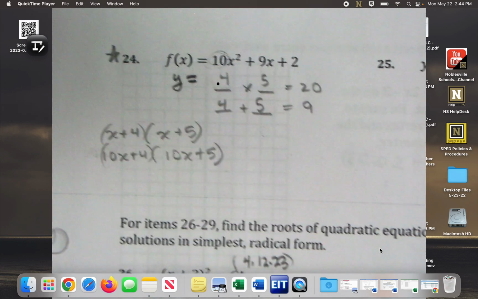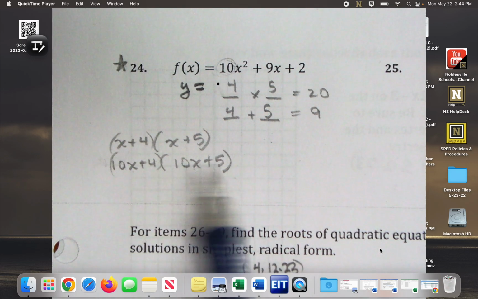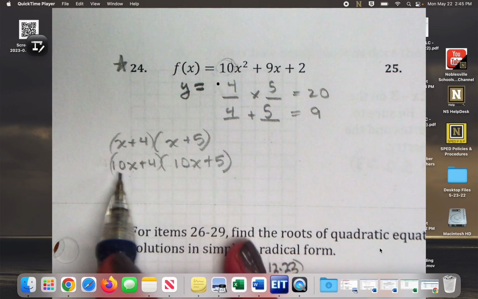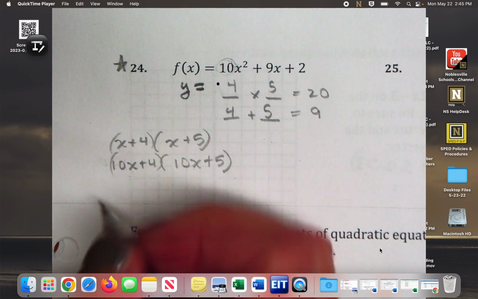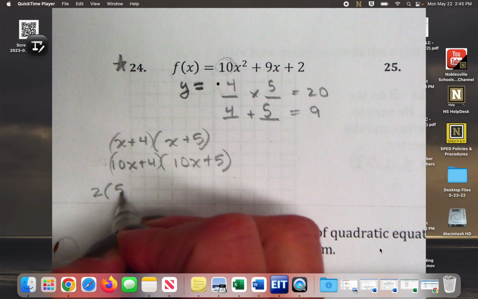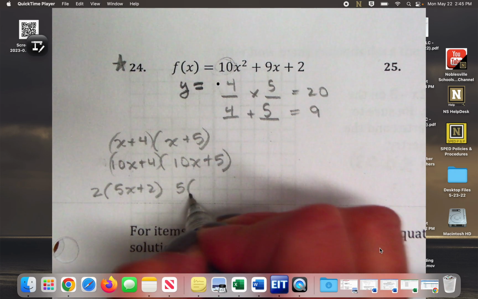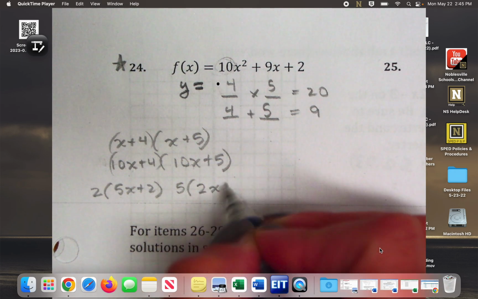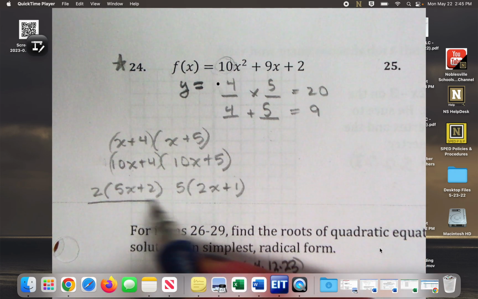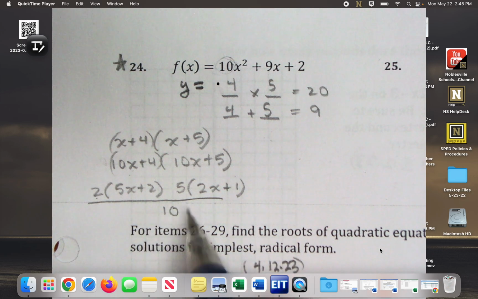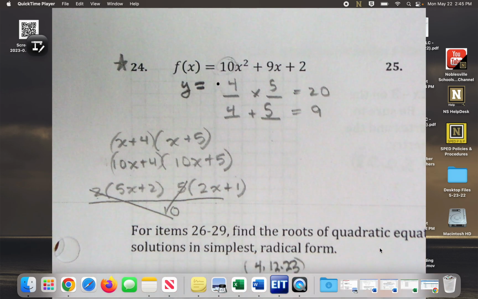And what you're probably going to notice is both of these can be factored, which is fine because when you divide by 10, it'll make sense. So I can take 2 out of here, 2 times 5x plus 2, and I can take 5 out of here, 5 times 2x plus 1. When I divide by 10, the 2 times 5 gives me 10 divided by 10, so these both cancel out.